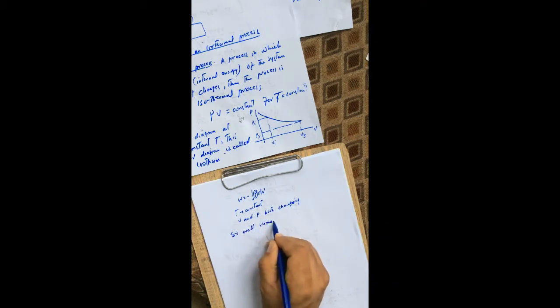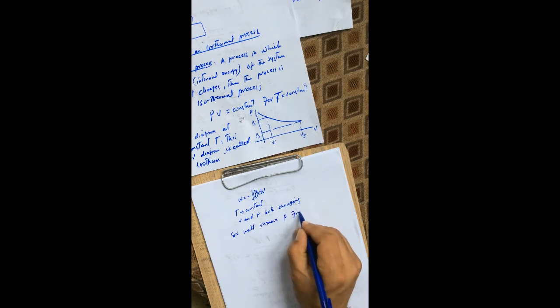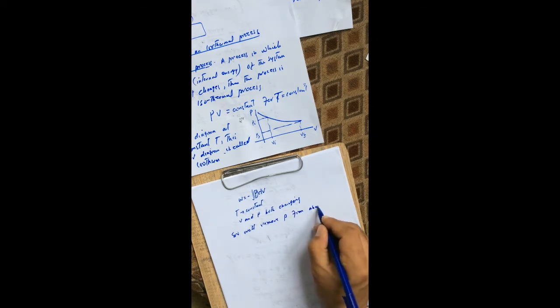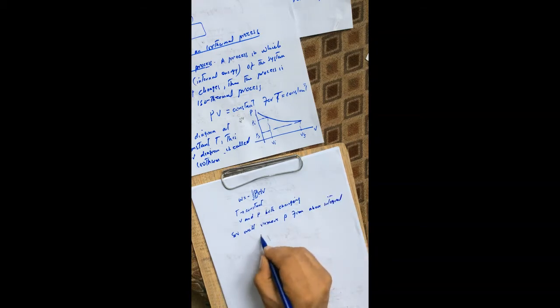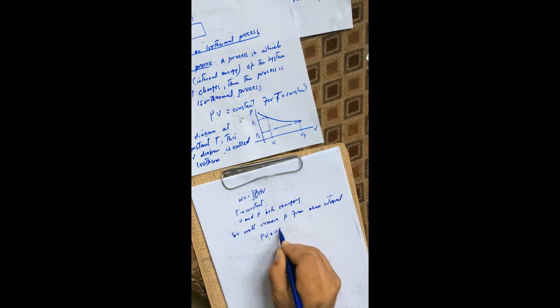So it means that we have to replace the quantity P with some other quantity which will remain fixed. We need to remove P from the integration. For that I will use the relation PV is equal to nRT.